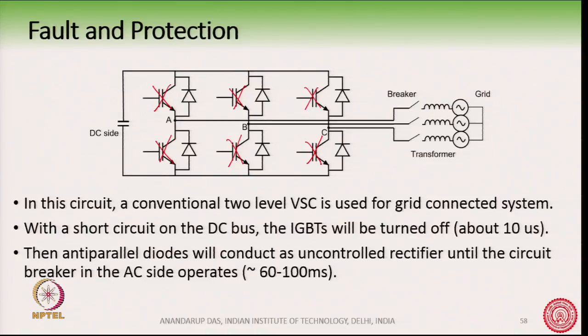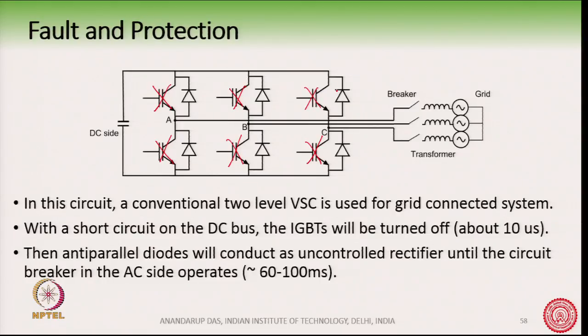Now, after 10 microseconds, how does this circuit look? This circuit looks like an uncontrolled 3-phase diode rectifier. You see these diodes, these are all present here, and they are uncontrolled devices, right.